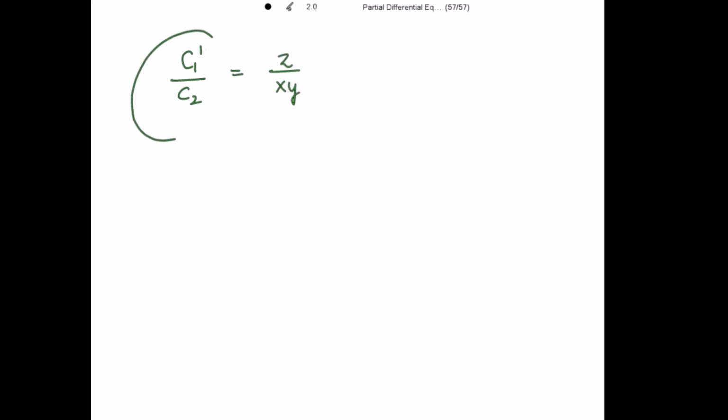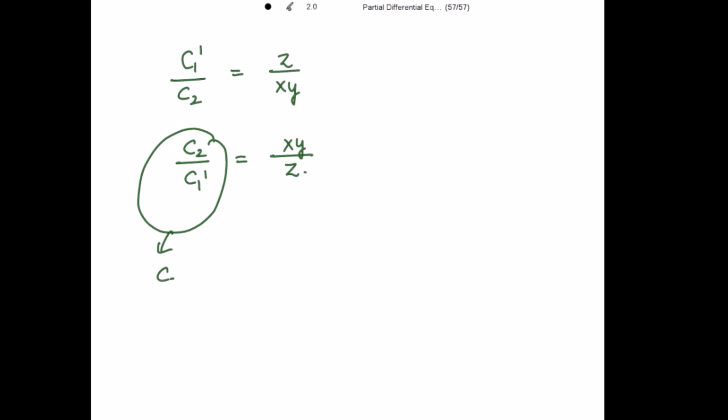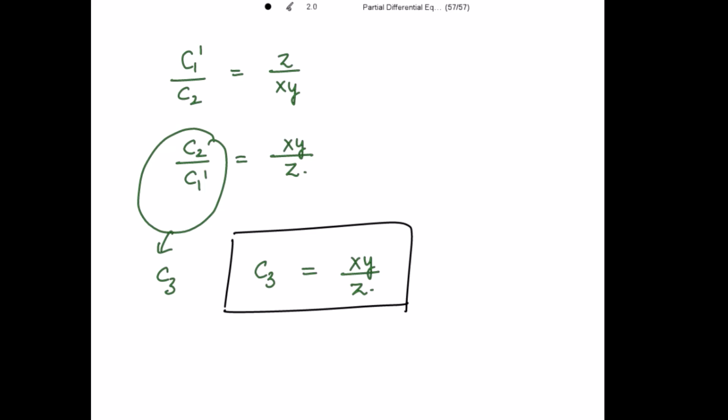You can also consider this to be another constant, that is c3. But before that, I am first taking the reciprocal for this. It looks good, xy divided by z. And now considering this constant to be c3, I am getting c3 equal to xy divided by z. So another format of the solution is xy by z.